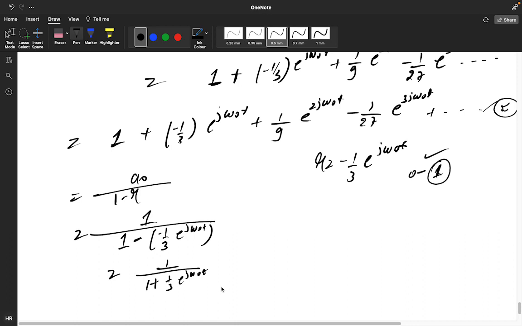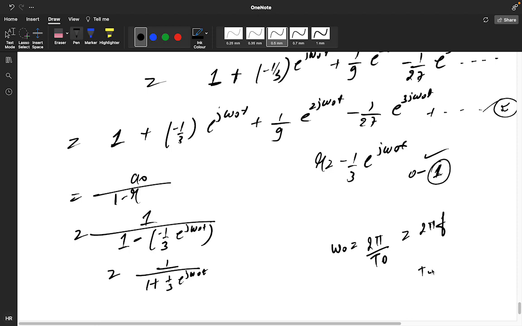Understood? And they had asked, omega naught is equal to 2 pi by T naught, or we can write 2 pi by m, same thing.